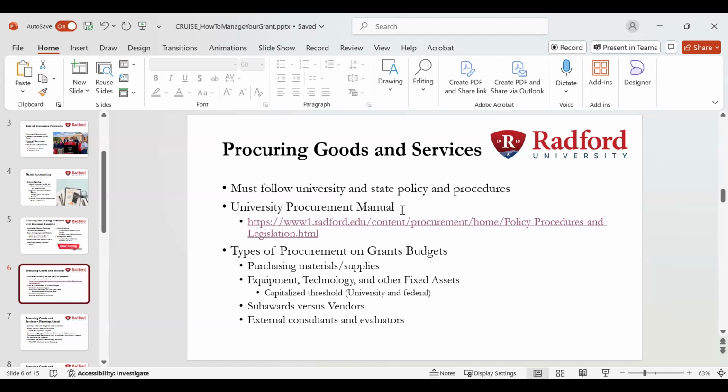And if they're a subaward, then you will work with sponsored programs, and we will ensure that they're categorized as a subaward in our budgets. Once we get the grant, they will send us invoices and we'll pay them based on how our agreements read, which is usually that they'll bill us monthly for their cost.